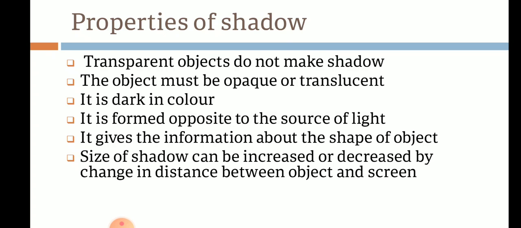And for the formation of a shadow, the object in the path of light must be opaque or translucent. And a shadow is always dark in color. A shadow is formed opposite to the source of light, and it gives information about the shape of the object. Dear students, the size of a shadow can be increased or decreased by changing the distance between the object and the screen.